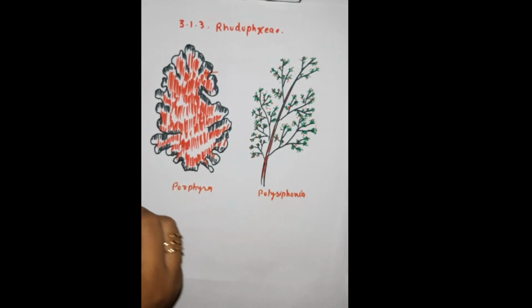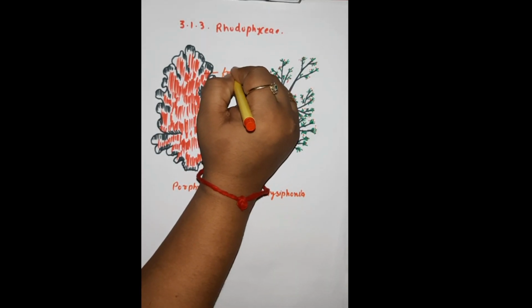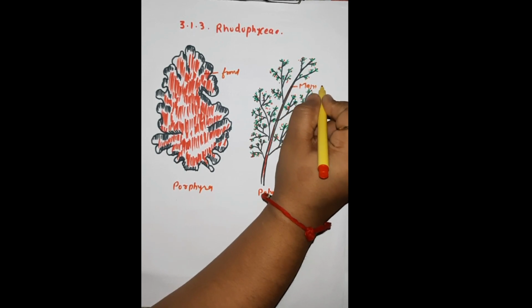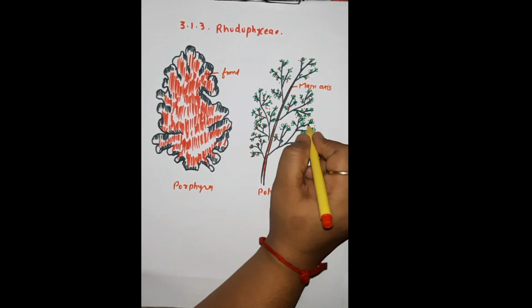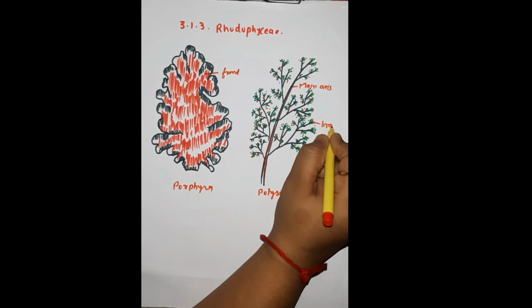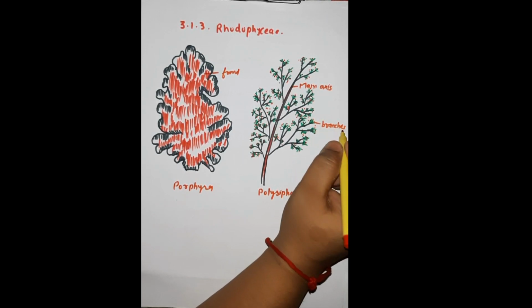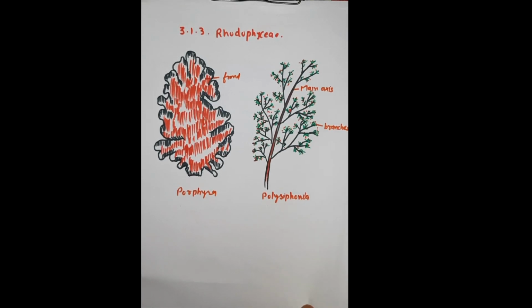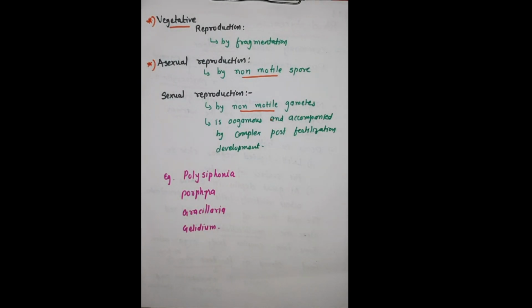Here this is the frond, here the main axis, and these are branches. Okay, so these are examples of red algae.